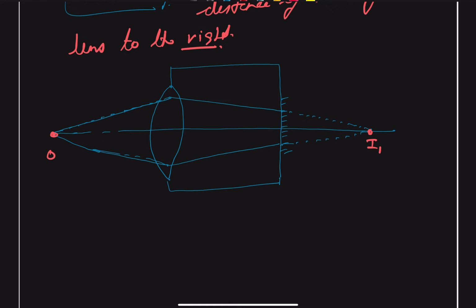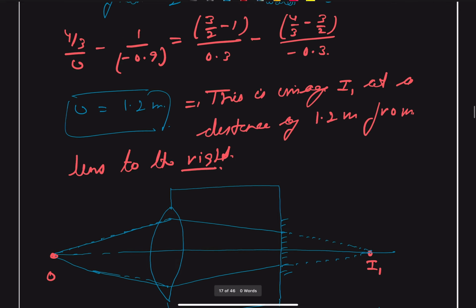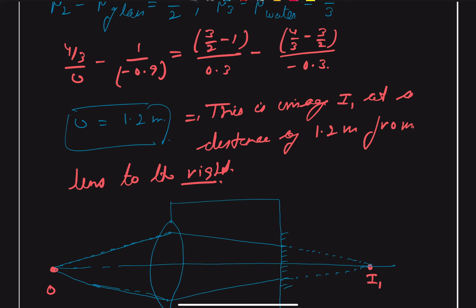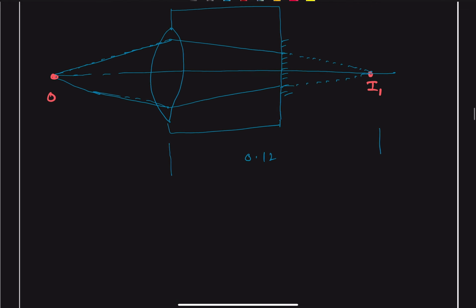Okay. And we just found out that this distance is 0.1 meter, and this will be 1.2 meters, this distance of I1.